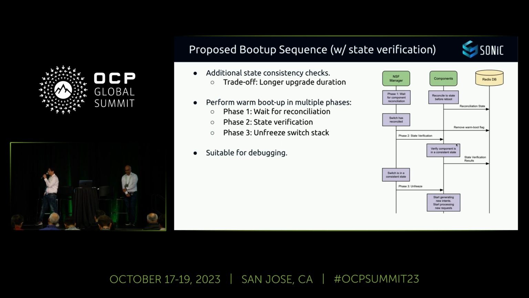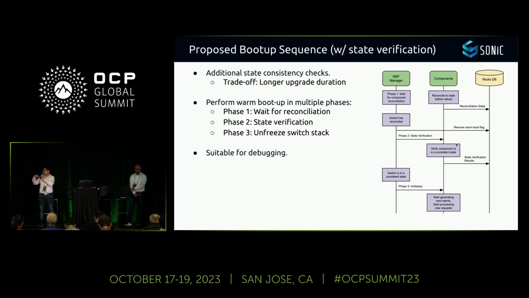Another thing that we can do is that if we enable state verification, we can add additional consistency checks after reconciliation. So before applications can start processing new intents and modify the hardware, we can also verify that the switch is in a consistent state before we can actually do that. Now, the trade-off is obviously a longer upgrade duration, but this is generally for applications that are in dev testing.